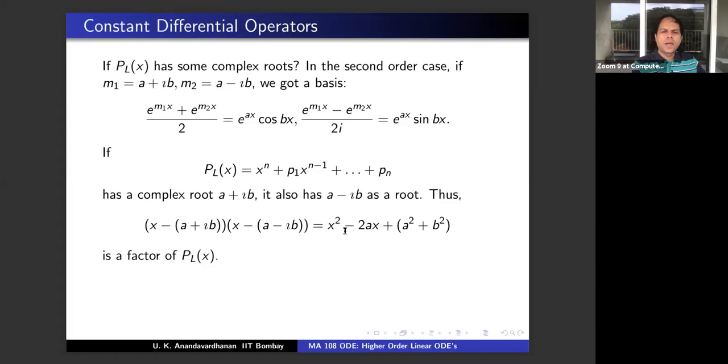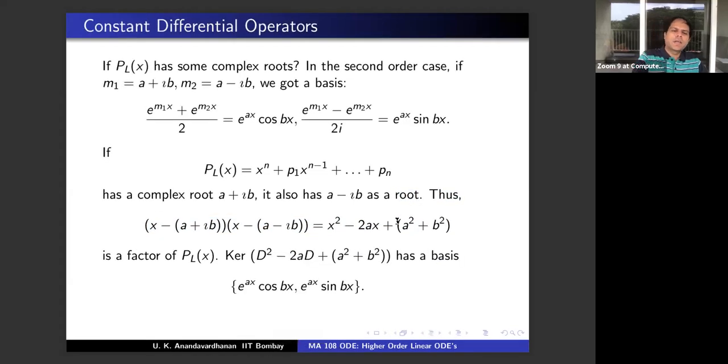And therefore x square minus 2ax plus a square plus b square is a factor. This is the corresponding operator. What are the solutions? e power ax cos bx and e power ax sin bx will be solutions. So similarly, for all the order 2 things, you can give a basis.